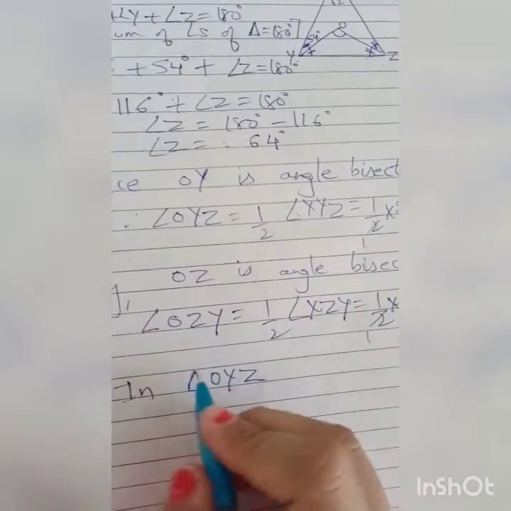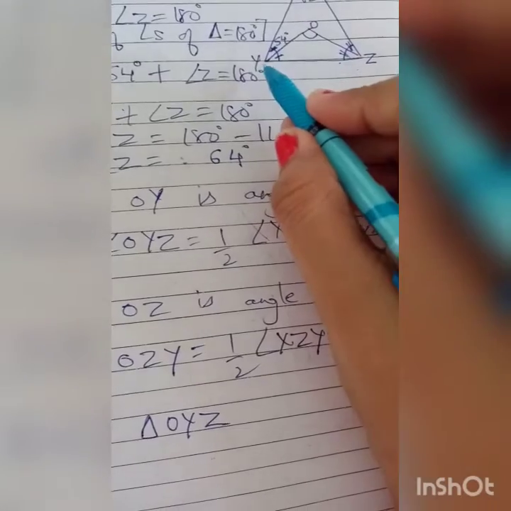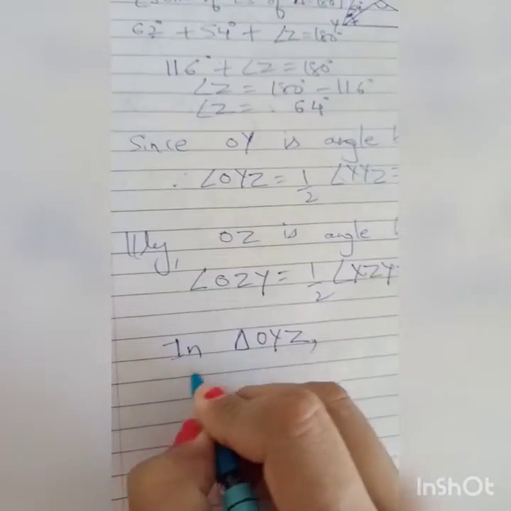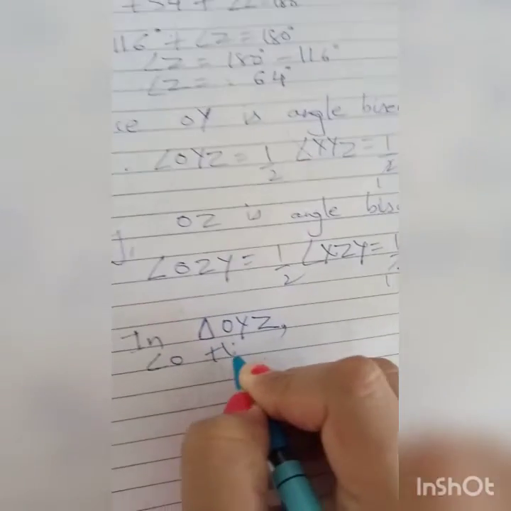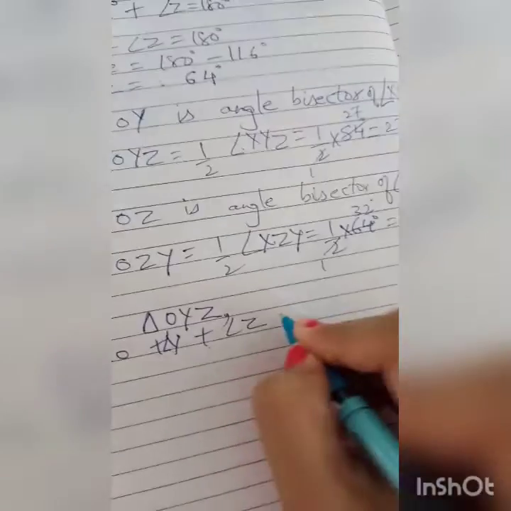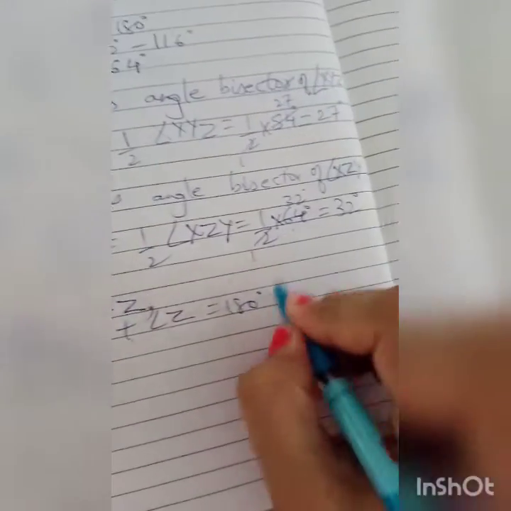Now in triangle OYZ, angle O plus angle Y plus angle Z is equals to 180 degree। What is the reason?